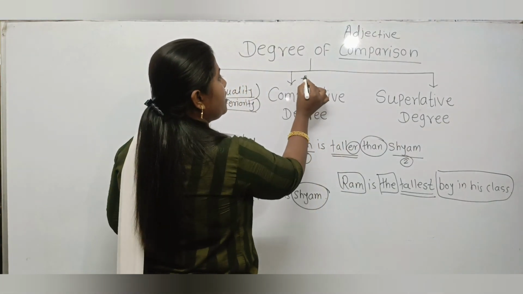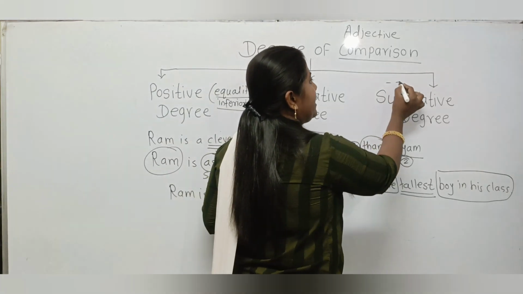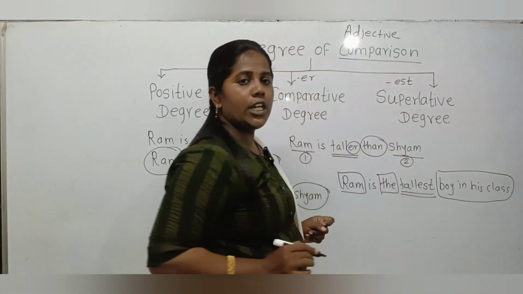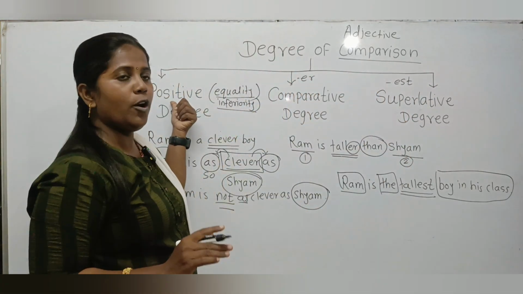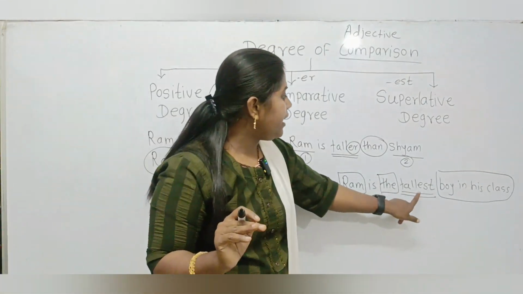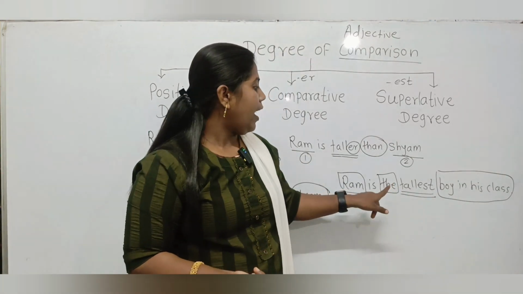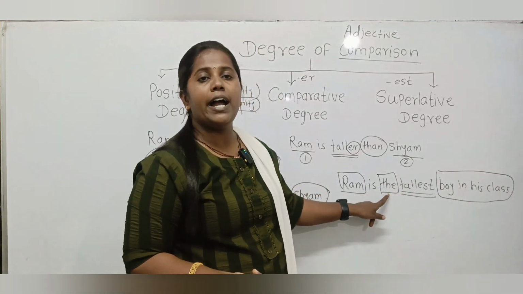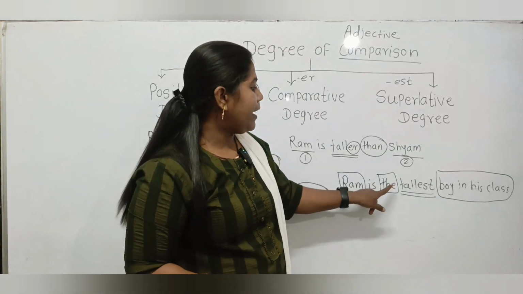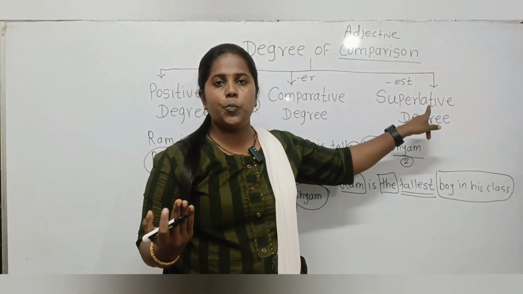Actually comparative form generally indicated by er suffix, superlative form generally indicated by suffix est. Okay, and here in positive form there will not be any suffix, that is original form. Okay, so here you can find est added to the main adjective, and that adjective is preceded by article the, and by this identification mark you can understand that that is superlative degree.